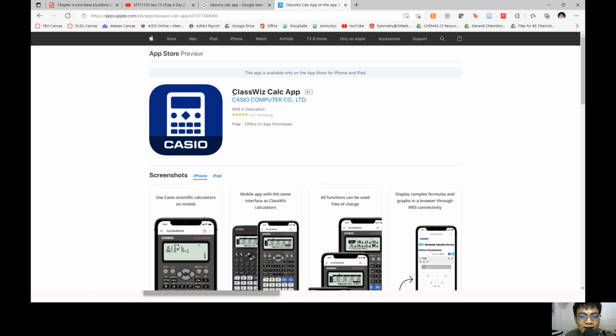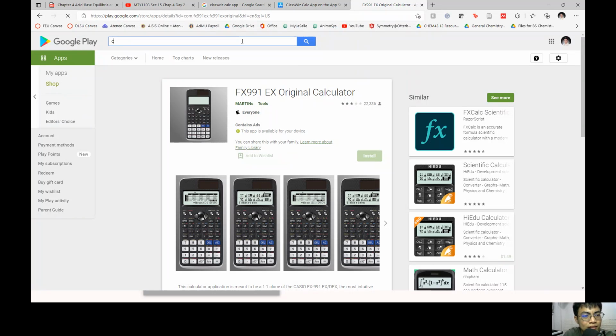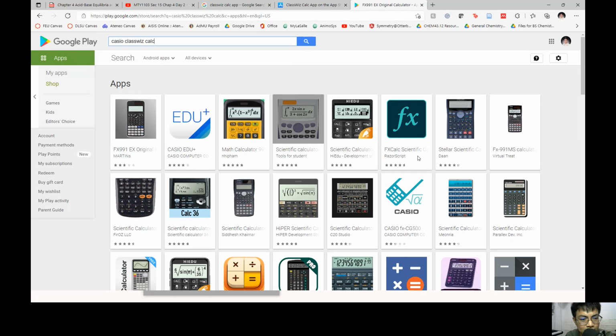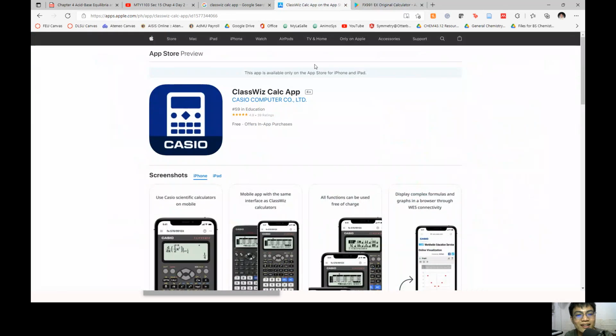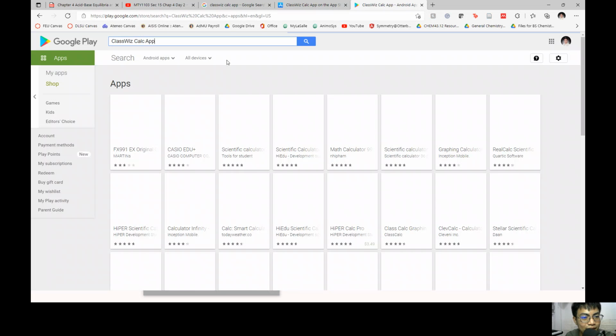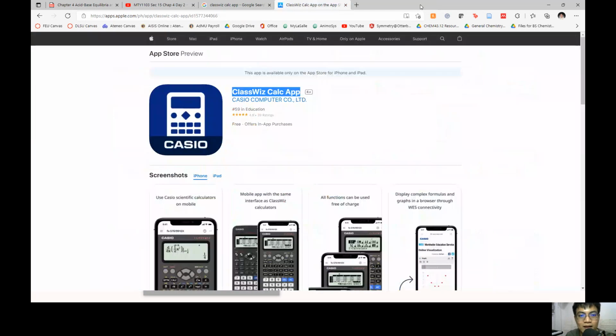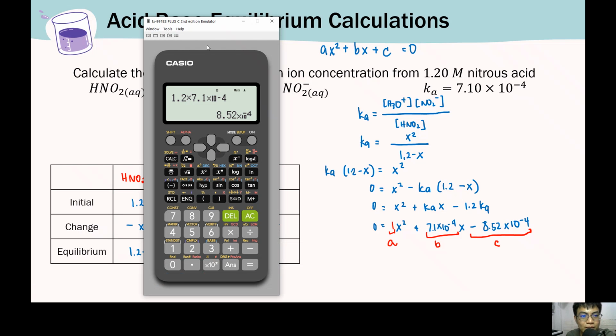In Android, there's also something like this. You can go to the Play Store and look for it. Basta, there's something like this there too. If you're on an iPhone, just type it and you can download it for free. Same with Android.